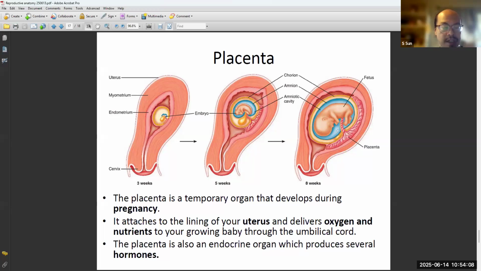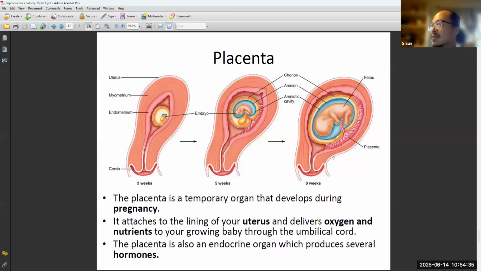So the mother doesn't reject this foreigner, because the baby has a different set of cells. Without being well controlled by the placenta, the mother's immune system may attack this foreigner. But the placenta sets up that environment to protect the baby and also nourish the baby.